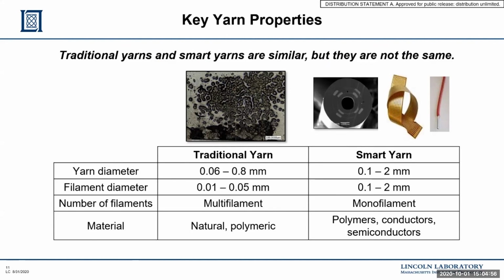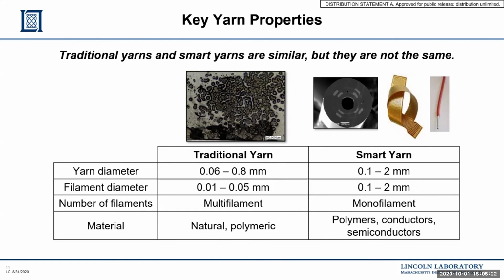So here is a snapshot of traditional yarns compared to more broadly smart yarns. I have our functional fiber here, but we can also consider flexible PCB or even a monofilament conductor, which could all fit into that smart yarn category. As we compare these yarn properties, you'll see that some things are similar, such as the overall yarn diameter. We're about the same order of magnitude, around 1 millimeter or so. But there are also striking differences.